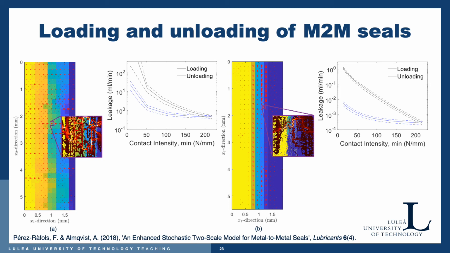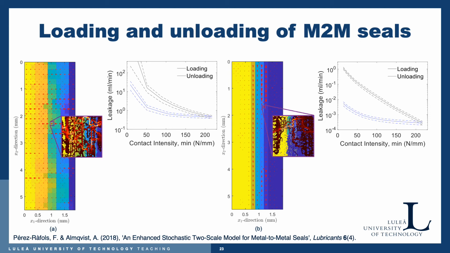He was also able to include the loading and unloading history. If you load this seal, you will probably plastically deform the surfaces, and therefore when you unload it, you can release quite a lot of pressure, but still you will not generate so much leakage.